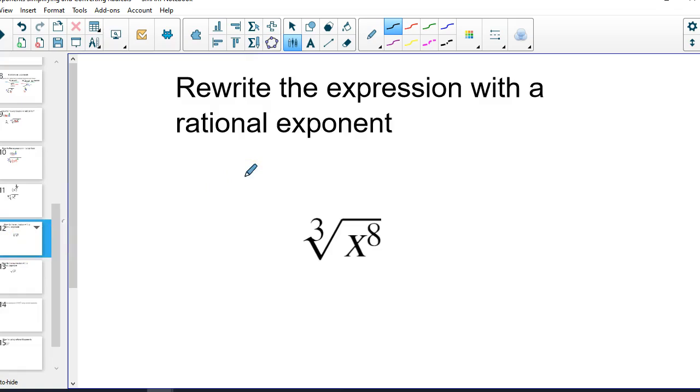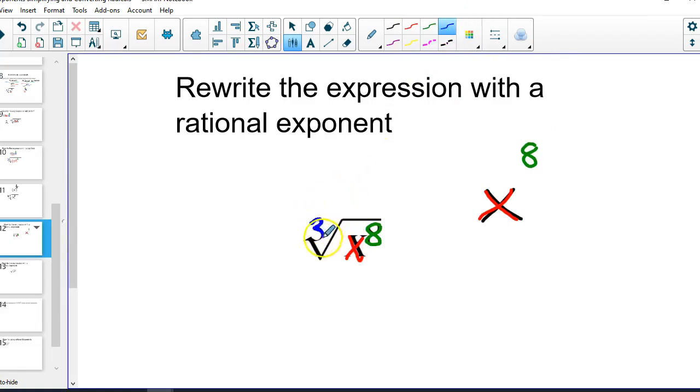Now, let's try to go the other direction with it. So, if I have x to the 8th on the inside, my base is going to be the x. My base is our x. The top of my fraction is the power on the inside.